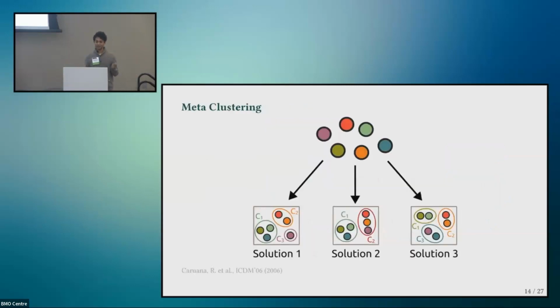We're also using a procedure called meta-clustering, and this process was developed to address the issue of how noisy, complex data sets can have many different clustering solutions that are qualitatively very different, but by the numeric metrics are very similar or very comparable in terms of how good they appear.